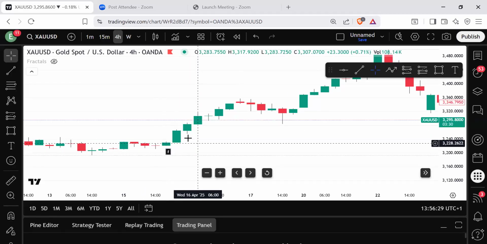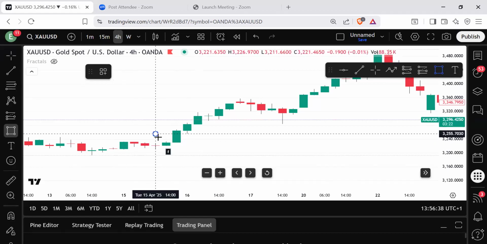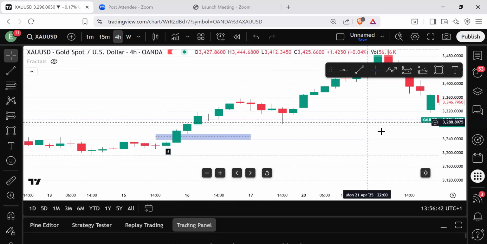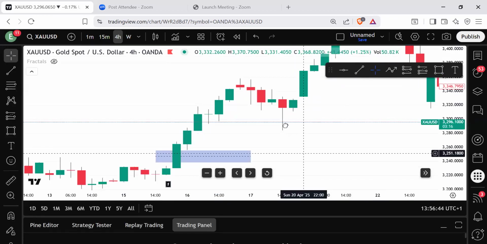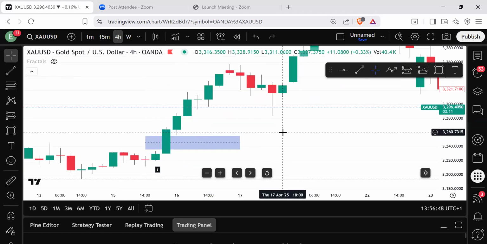There's a gap, the gap right here. So this gap is what we call fair value.